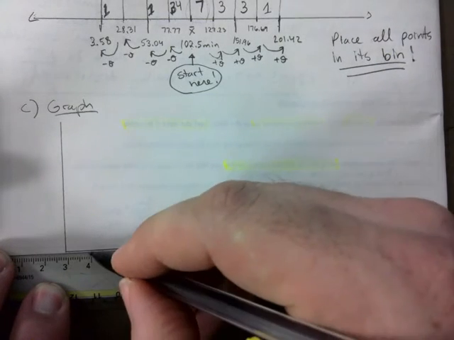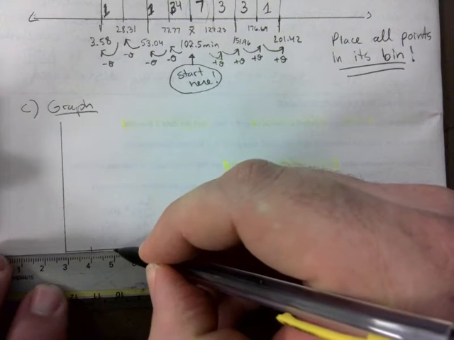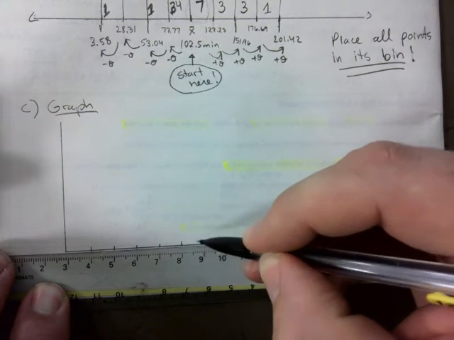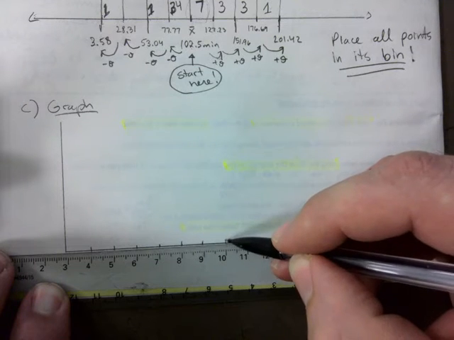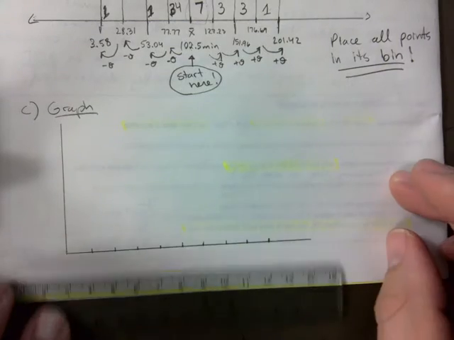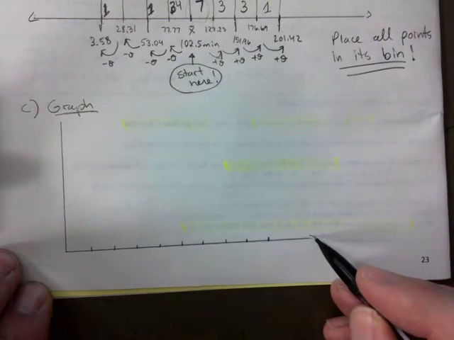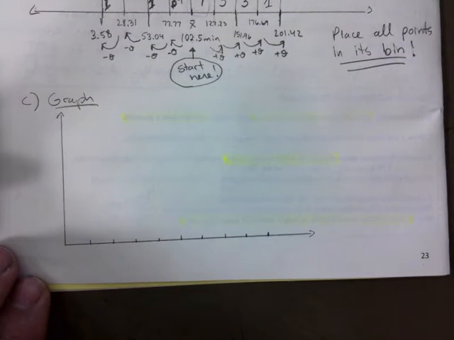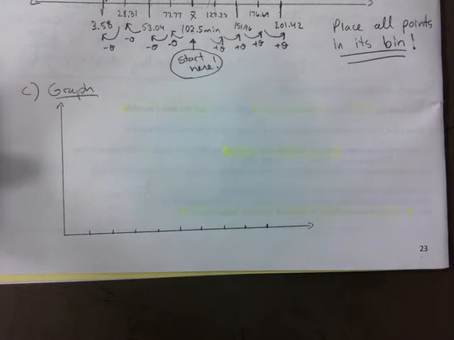Okay? So I'm going to start here. 1, 2, 3, 4, 5, 7, 8, 9. So that's good enough. It works for me. What are we talking about again?